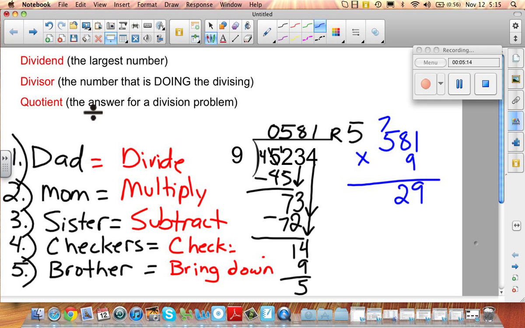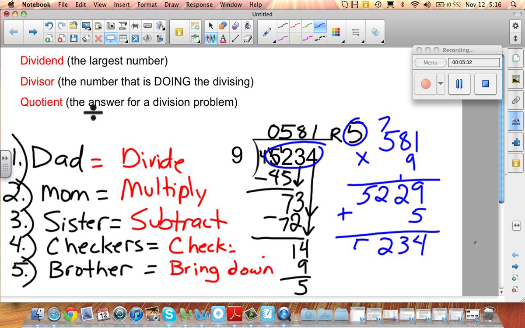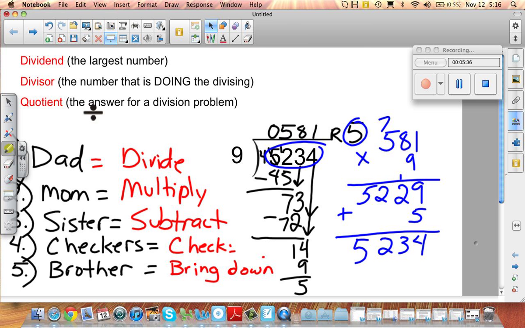Plus 7 is 52. Hey, that is not the answer that I had here. That's because of my remainder. So I need to add an extra 5. 9 plus 5 is 14. Hopefully, this is what we started with.